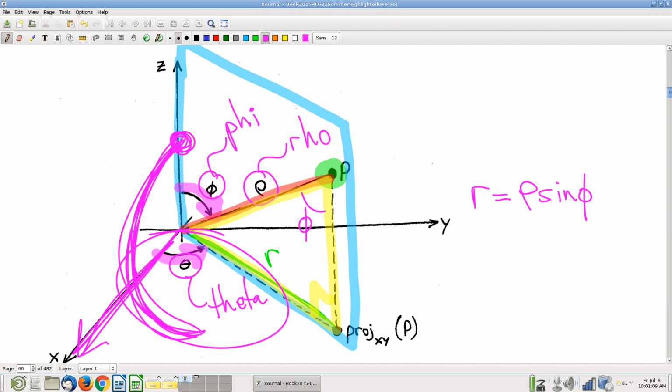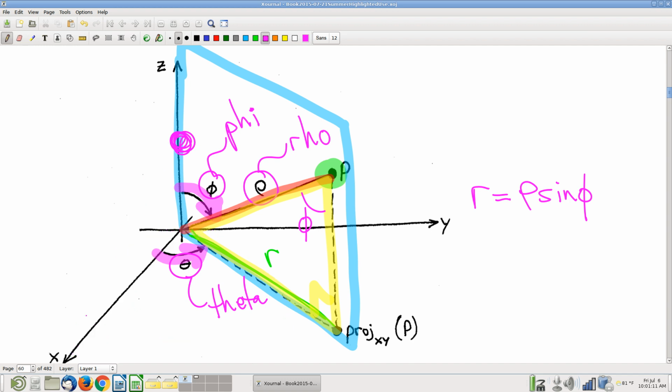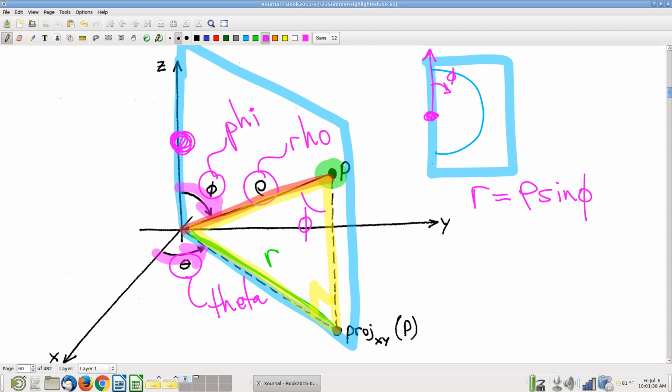Now, you do have to be a little careful. Phi is not exactly latitude. Let me redraw this blue plane. Here's our z-axis. If this is the Earth, then phi is measured like that.